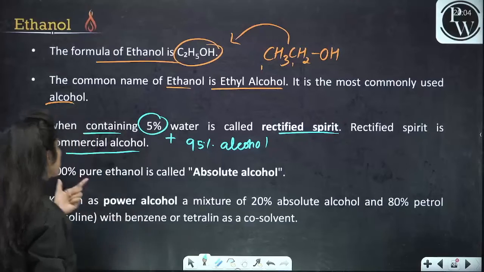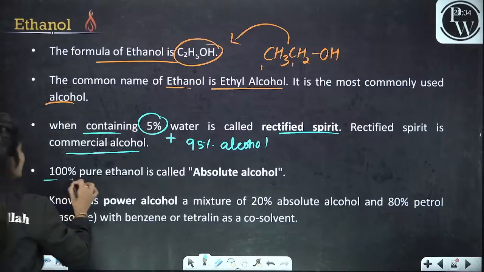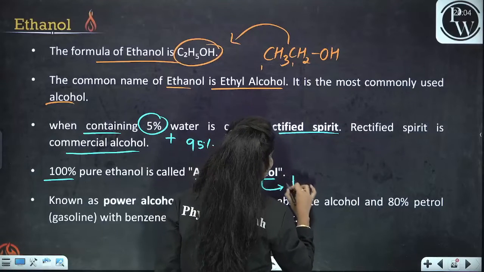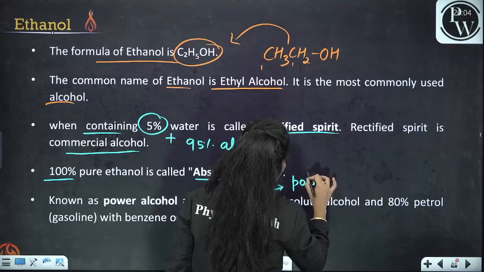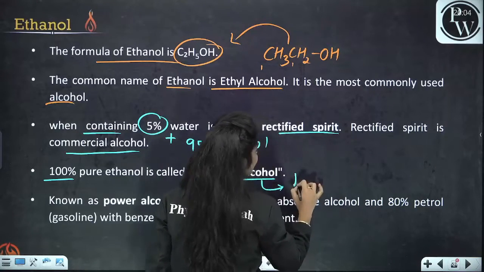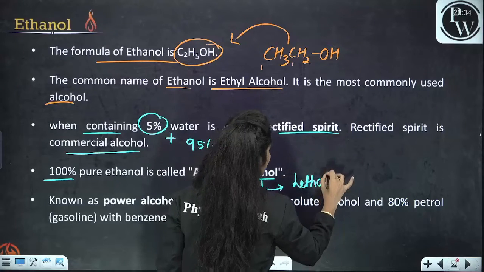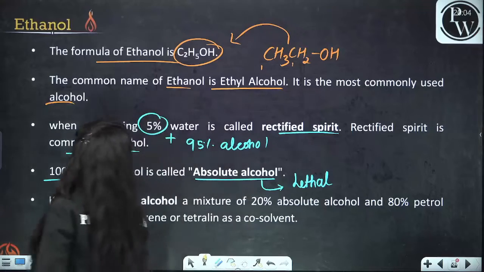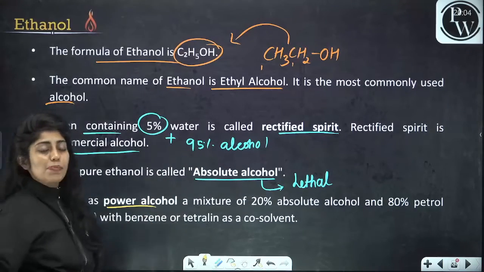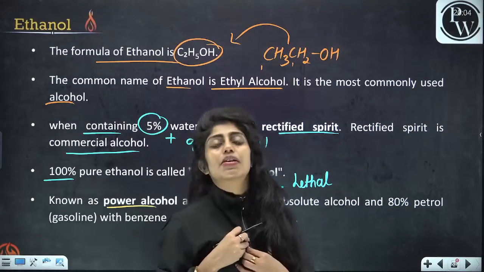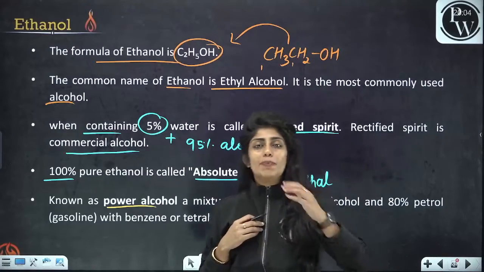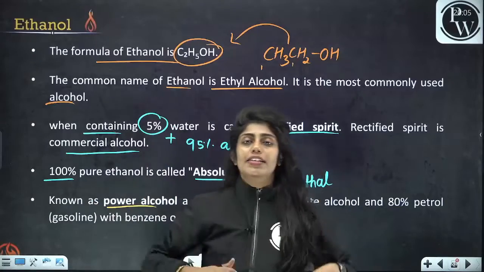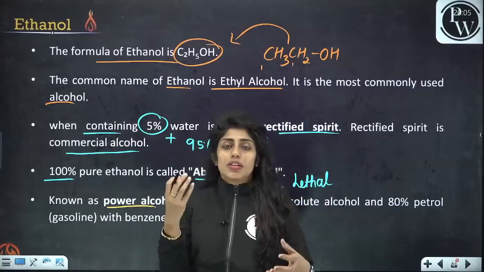Next we have 100% pure alcohol, which is known as absolute alcohol, and it is undoubtedly poisonous, or you can say lethal, can cause death. We have power alcohol in many countries. See, petrol has some additives. In every country we have petrol up to 95-96%, and then we add some additives so that it works efficiently.